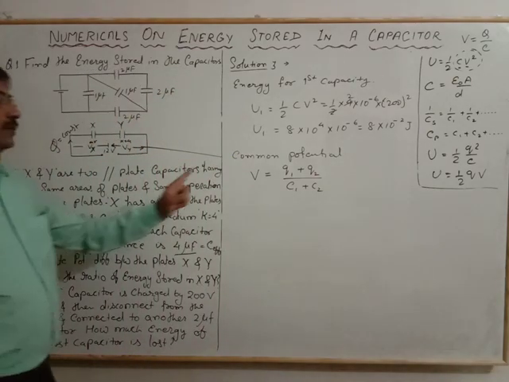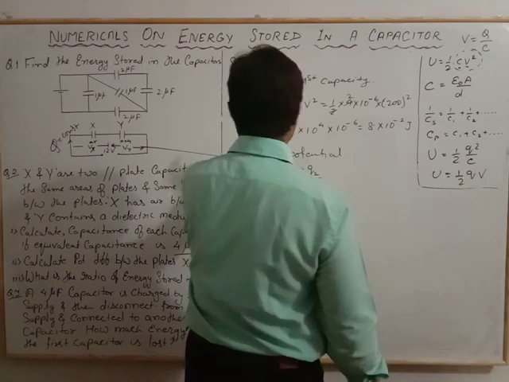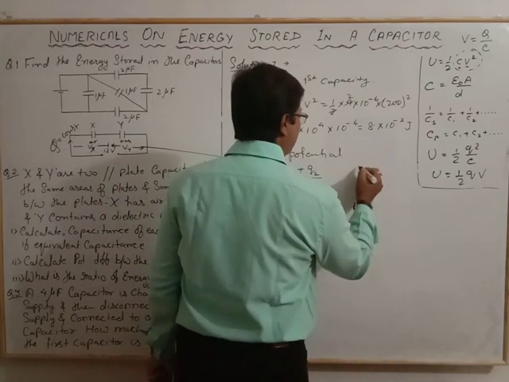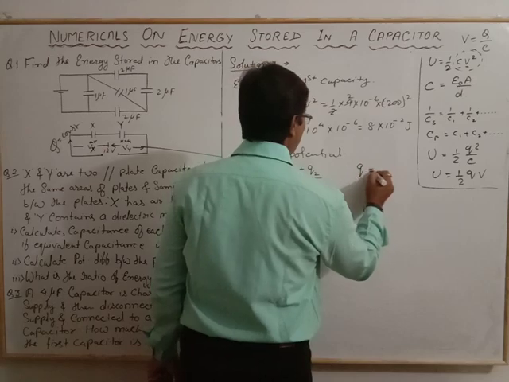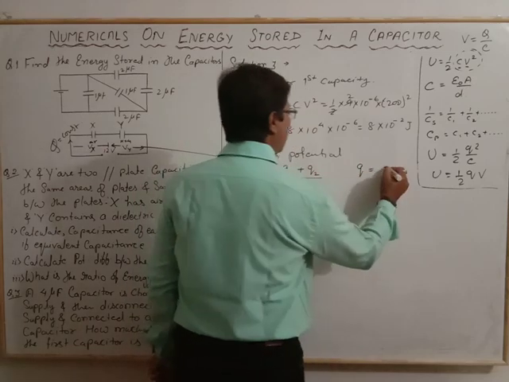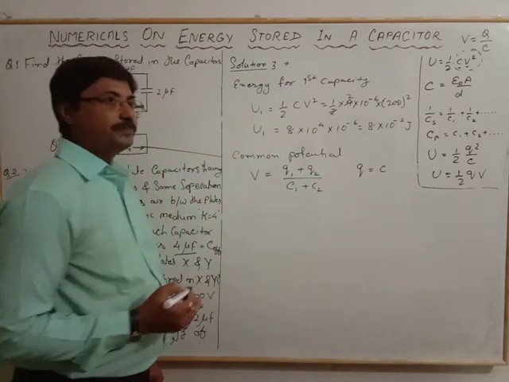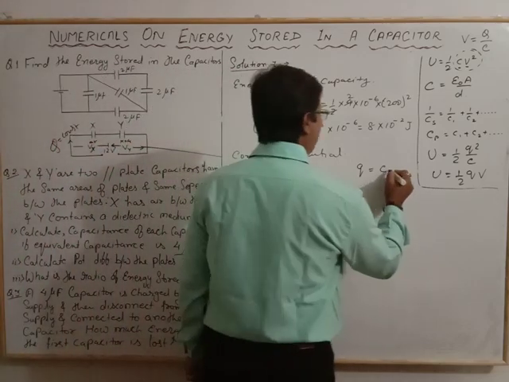Now we know that for the first capacitor, the charge stored is Q equal to CV, with the potential given as 200 volt, that is C1 V1.